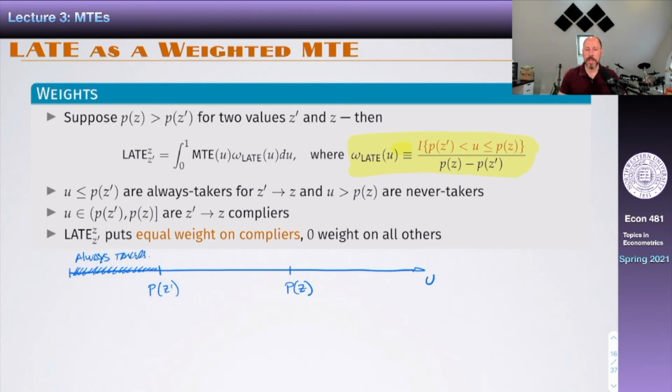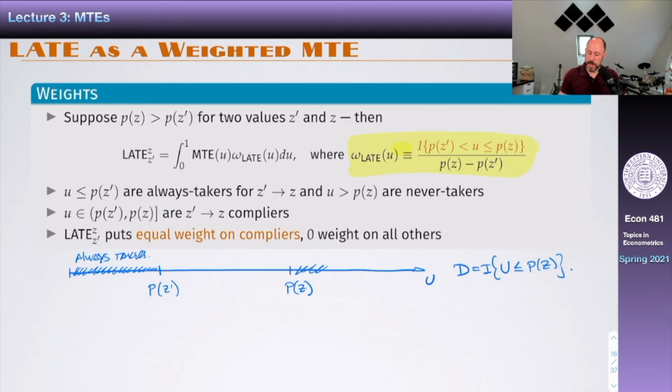Again, here think about the value of the instrument only taking these two values, Z and Z', as in LATE. Well, the model, remember, D is the indicator that U is less than or equal to the propensity score. If you're below here, you always have 1 because U is below this, for this value of the instrument and, of course, for this value of the instrument too. So you choose 1.